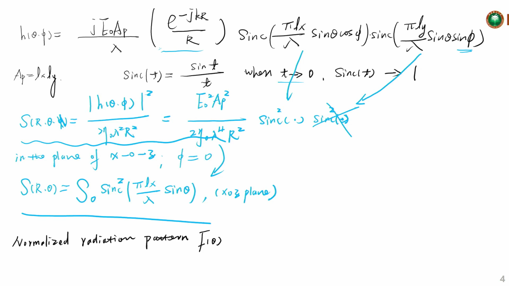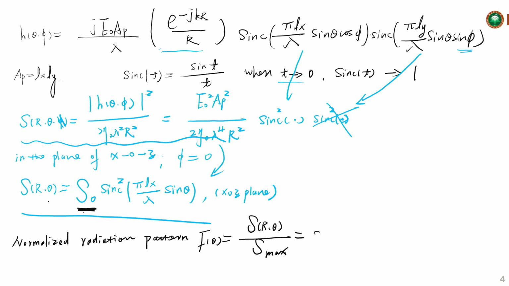So f theta is expressed as the power density divided by the maximum of the power density, and the maximum of the power density should be the magnitude, right, the nth node. So this term divided by the nth node, we have only the sinc function, the square of it.